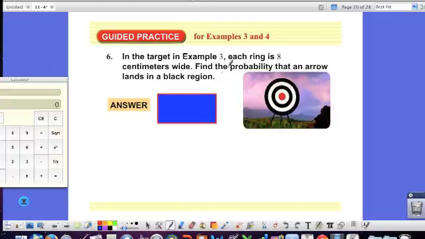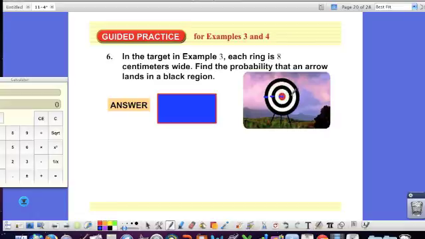For guided practice, in the target example 1, let's say each ring is 8 centimeters wide. Find the probability that an arrow lands in the black region. So, this is 8. This is 8.